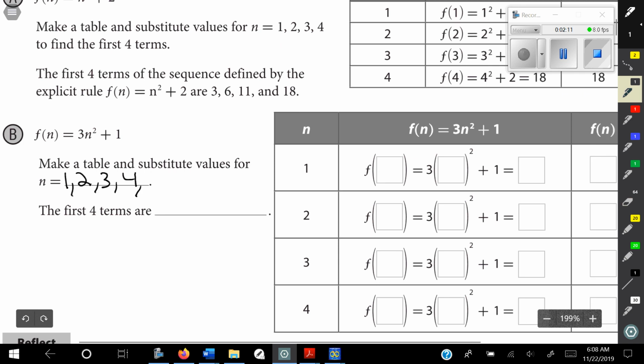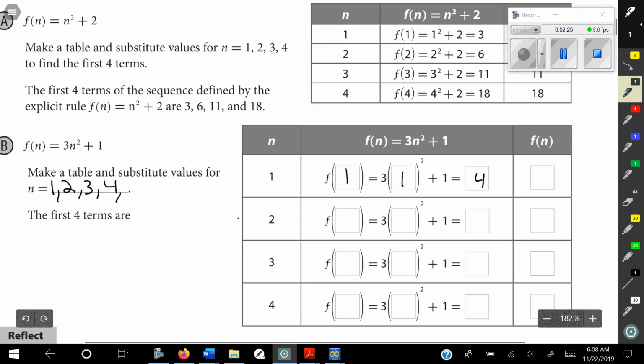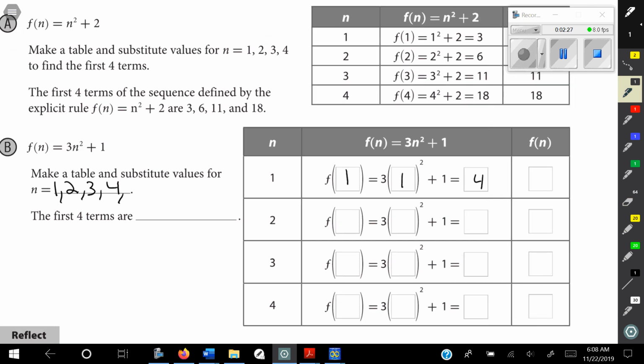Let's see what we get. So you plug in 1. That means we'll put in 1 for n. So 1 squared is 1, and 1 times 3 is going to be 3, and 3 plus 1 is 4. So when we plug in 1, we get 4.